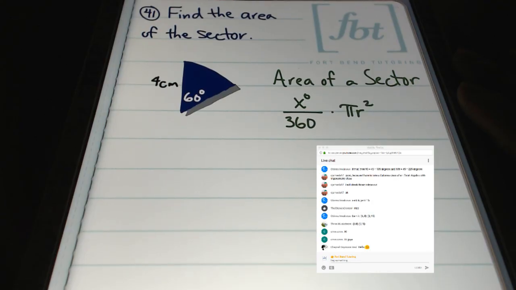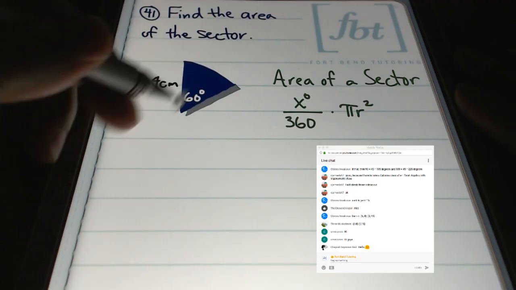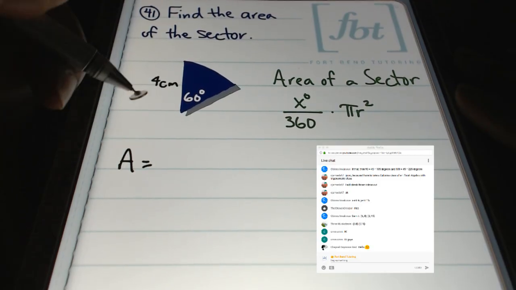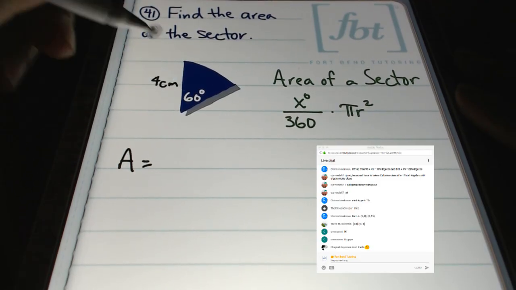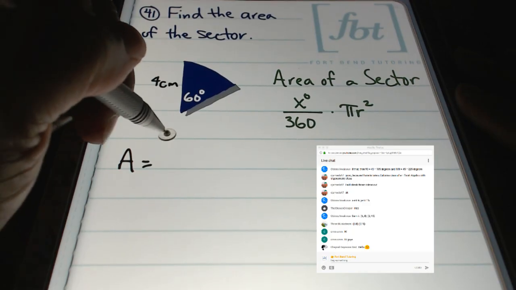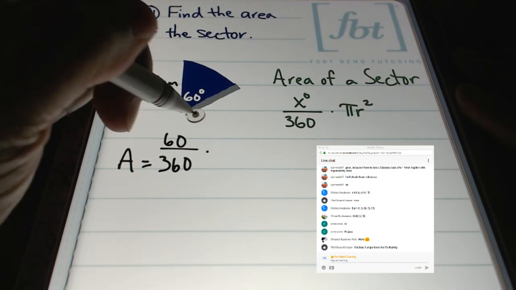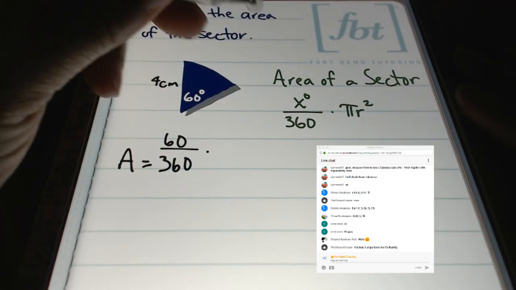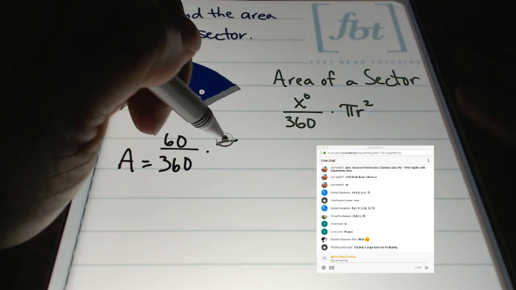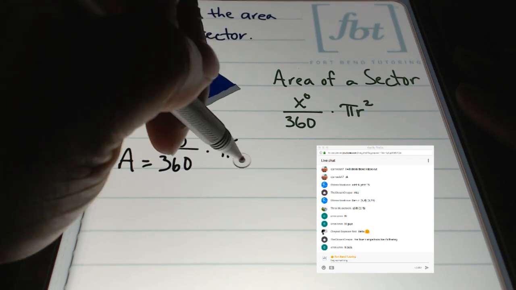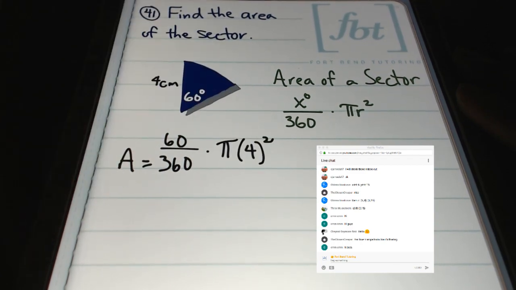We're going to solve for this area by plugging in the amount of our central angle here, which is going to be 60 degrees. So we'll say 60 divided by 360 degrees times the area of the circle, which can be found by multiplying pi times the radius squared. And our radius is 4 in this case.